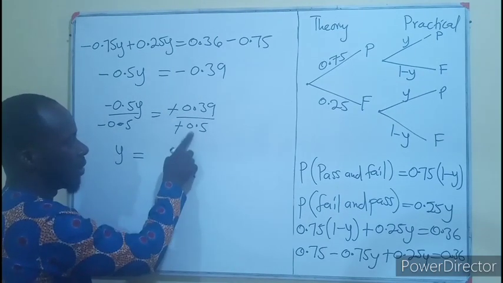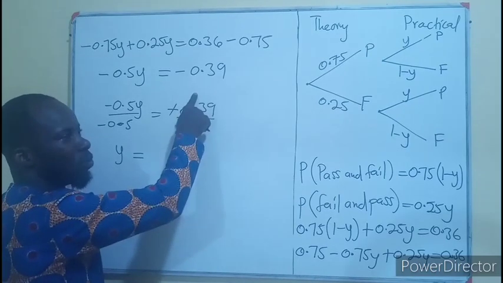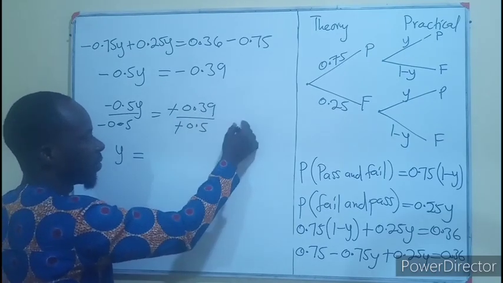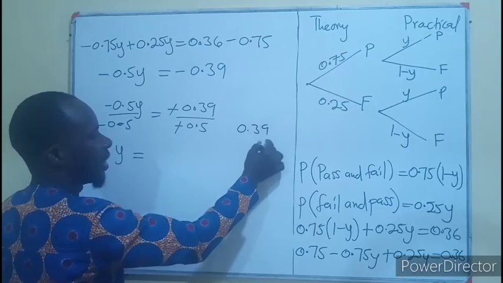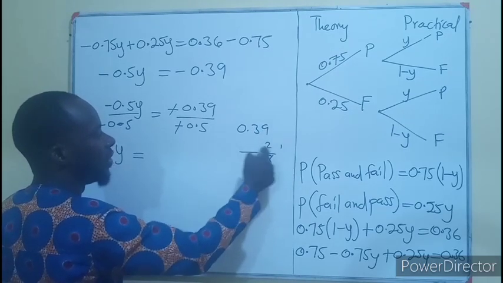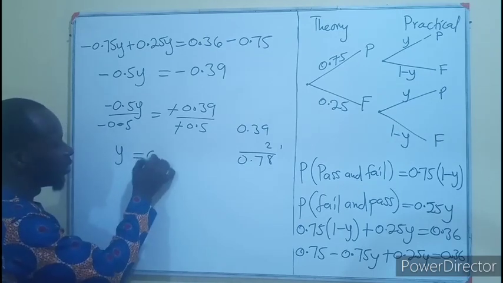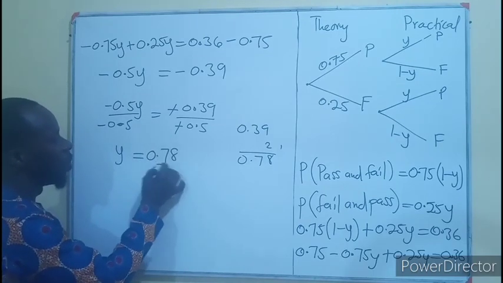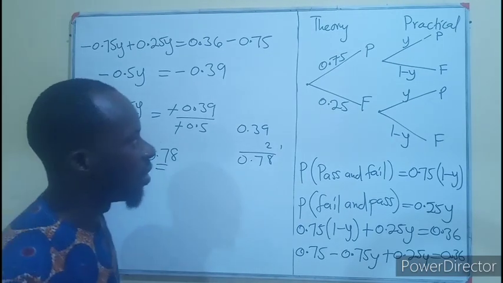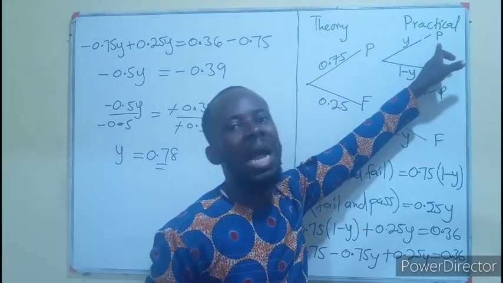And if you are dividing a fraction by 1 over 2, the 2 goes up to multiply. So 0.39 times 2, we have 0.78. So 0.78 will be the probability of passing the practical.